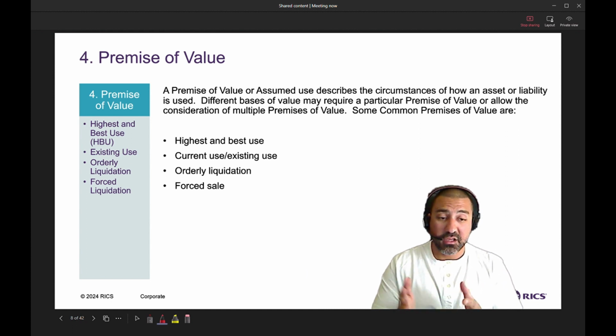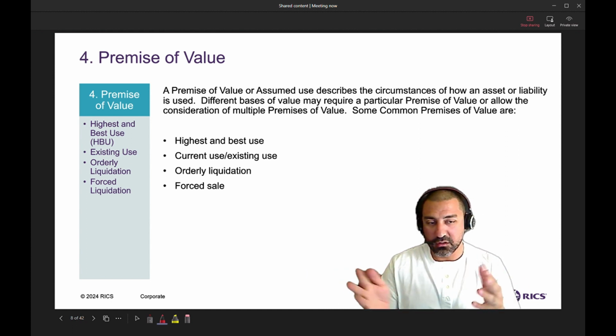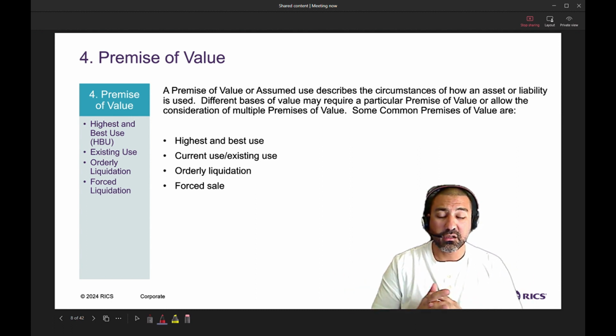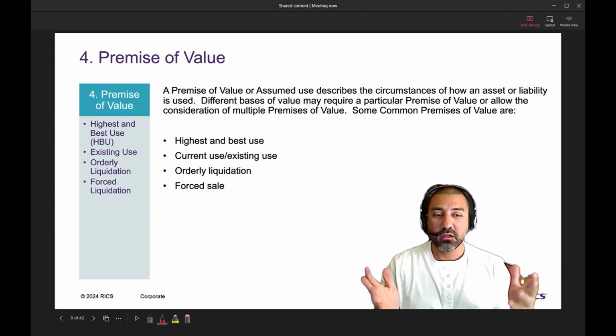The fourth case is a forced sale. Let's say, again, a fourth client comes to you and says, I want to value my factory building. And what's the case? Well, unfortunately, I'm going bankrupt and I want to auction it off. In which case, it's most likely going to be auctioned off at a significant discount, right?